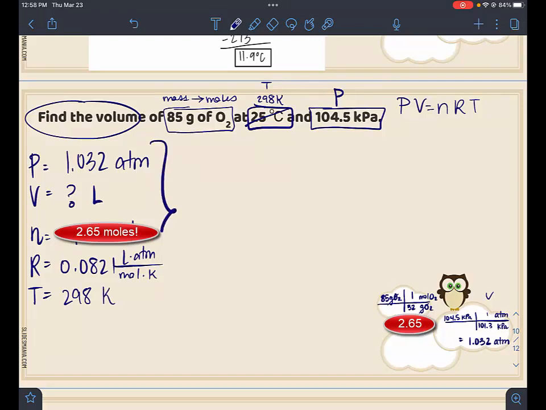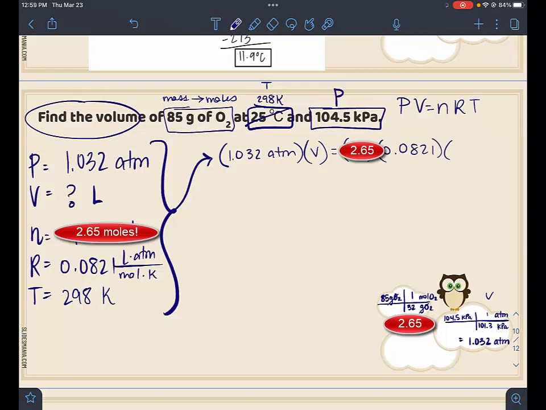All right. Next step is to substitute into the ideal gas law. So that's pressure, 1.032 atmospheres, times volume, just V, equals number of moles, 4.0, times R, 0.0821, times temperature, 298.